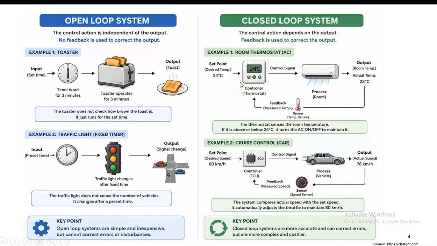If it is getting changed, then you will measure it using a sensor and you have a controller that will send a control signal to maintain the desired temperature as 24 degrees Celsius. The point to remember in a closed loop system is that it is more accurate and it can correct the errors. But it is a complex and costly system.